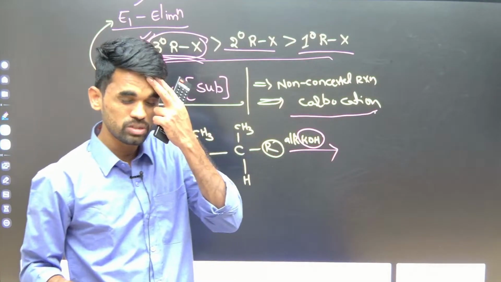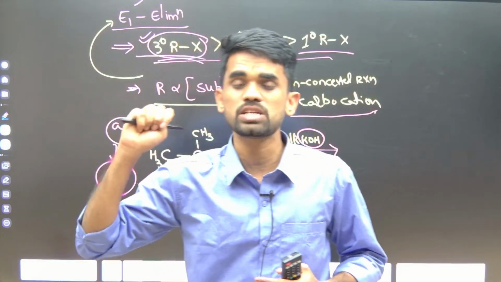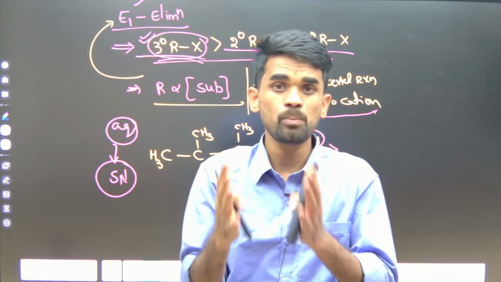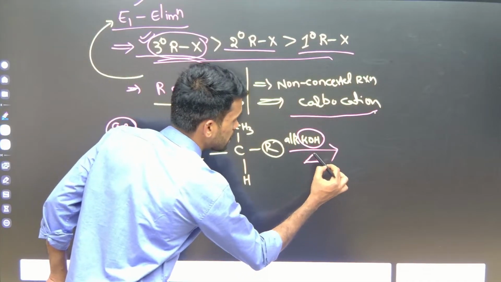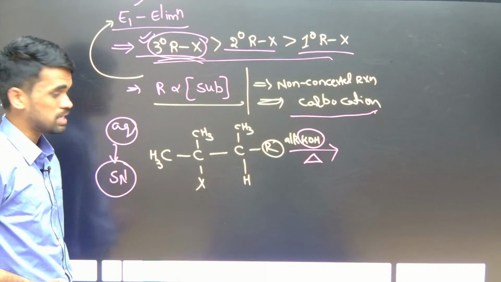And one more thing: the solvent that favors the SN2 reaction is polar aprotic solvent, whereas for the SN1 reaction, as I discussed in the last class, it is polar protic. Listen here for this elimination reaction: heating conditions favor elimination. So this is the standard representation of the reaction.